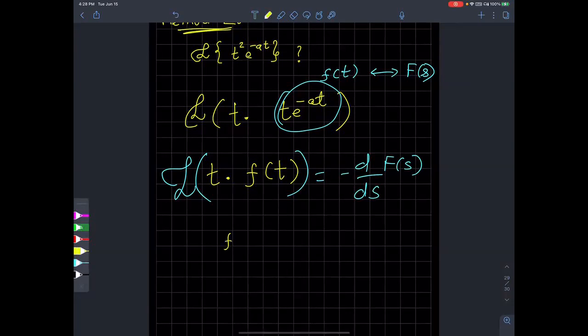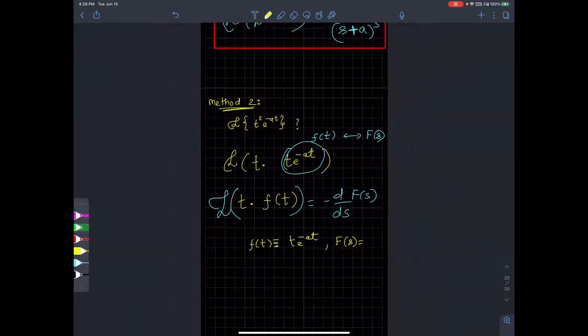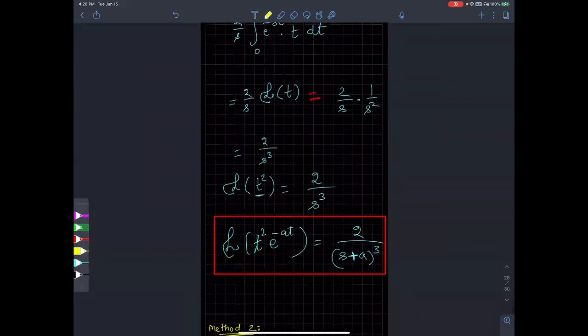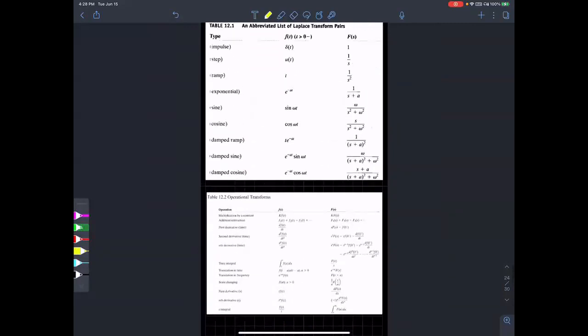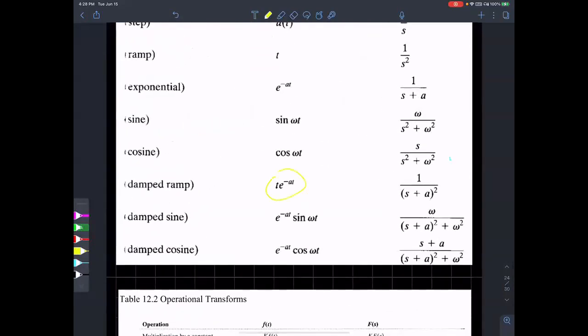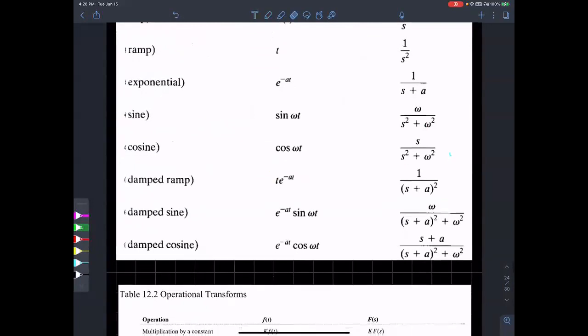Now, f of t is t e to the minus at. That is what I defined it to be. From the table, we know F of s is equal to, if I go back to the table, the Laplace transform of t e to the minus at is 1 over s plus a, the whole squared.